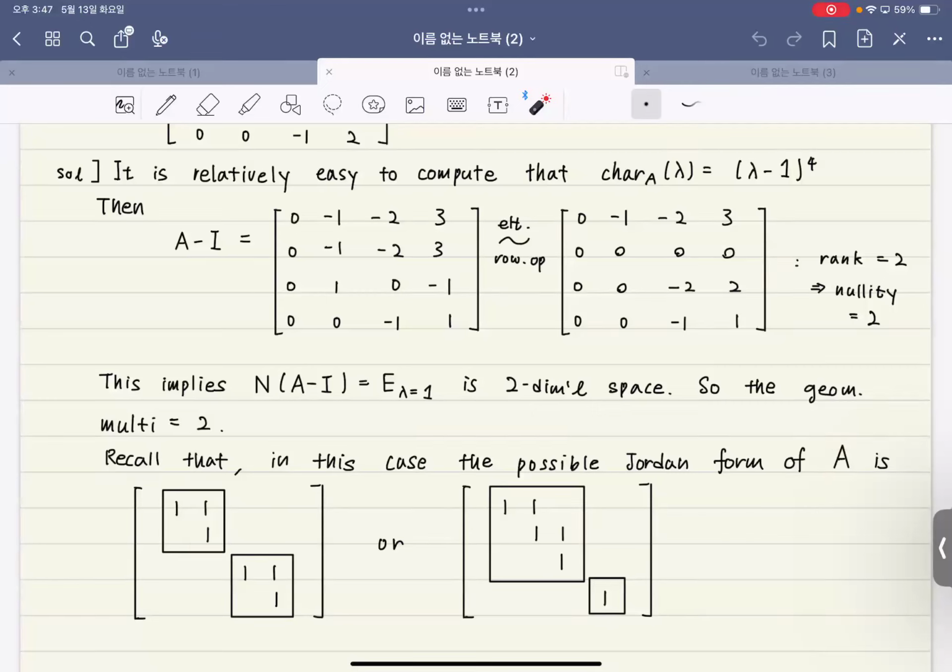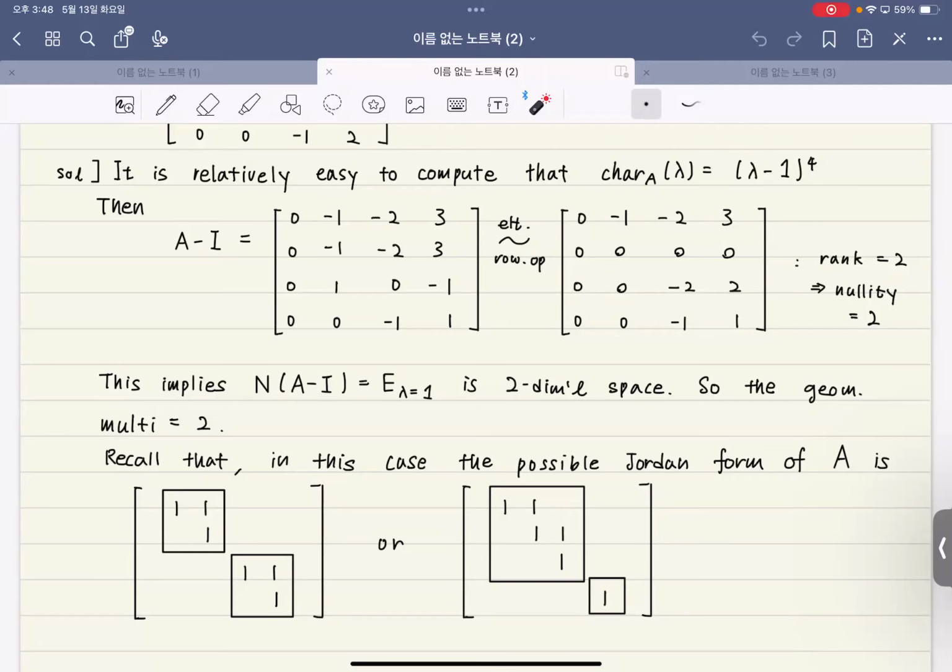Because they both have eigenvalue 1, their algebraic multiplicities are 4, and their geometric multiplicities are both 2, because each consists of 2 Jordan blocks. So we need to determine which one is the Jordan form of the matrix A. How do we find it?